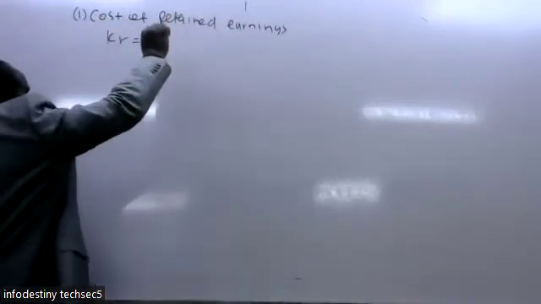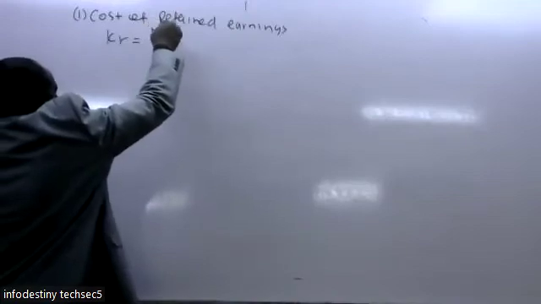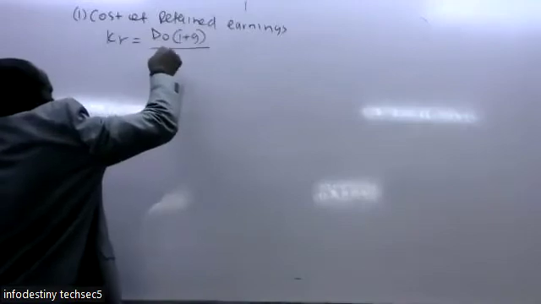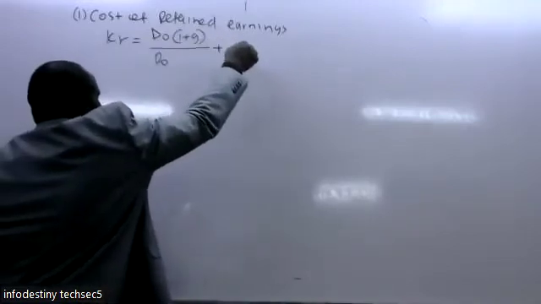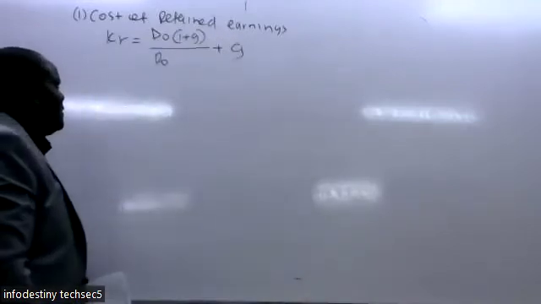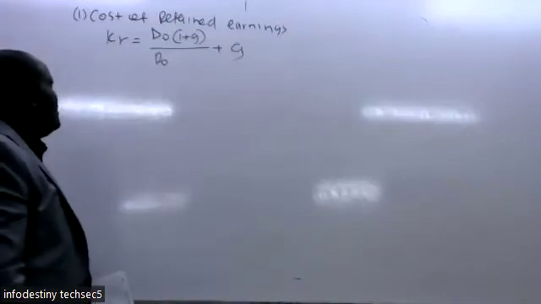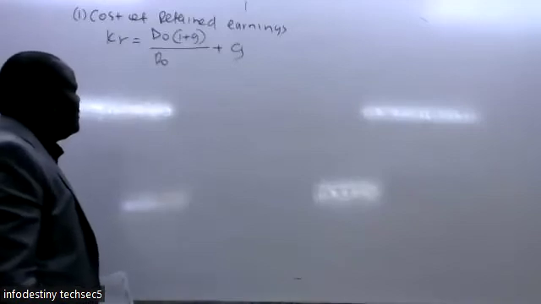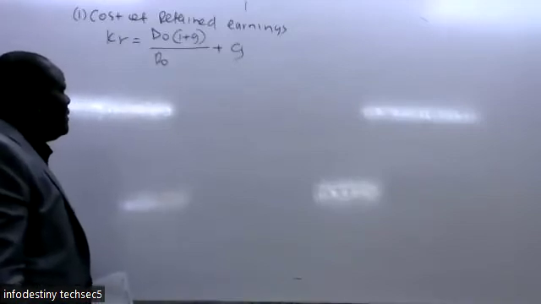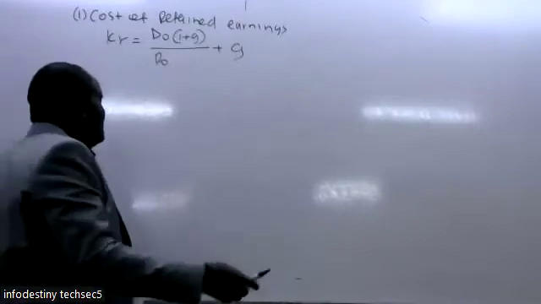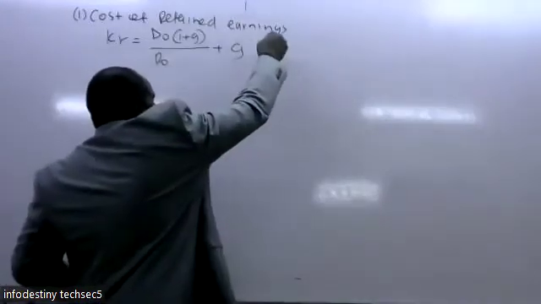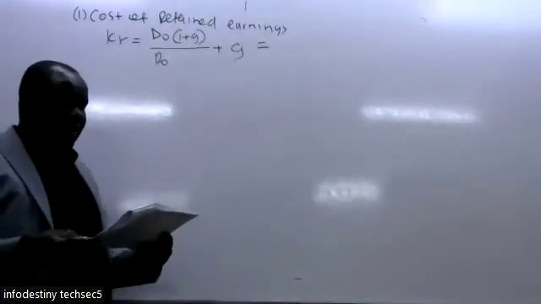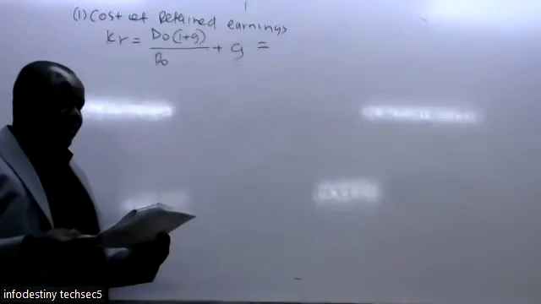So KR is given by D0 in the brackets of 1 plus g, we divide by P0, then we add g to that. So we said that D0 is the last dividend per share that was paid. It is 2.2.